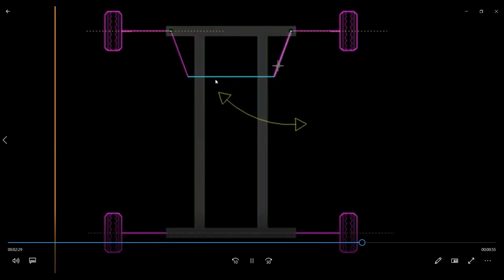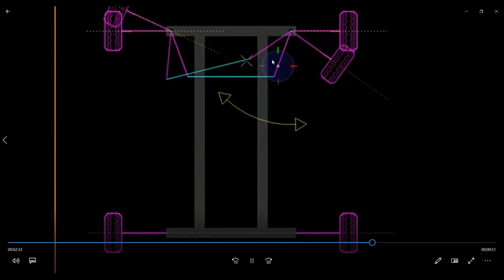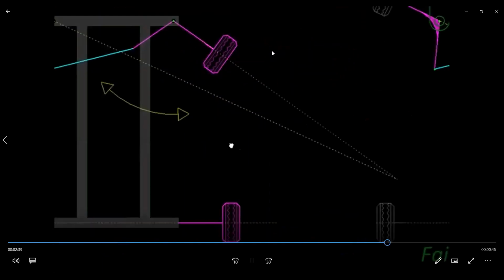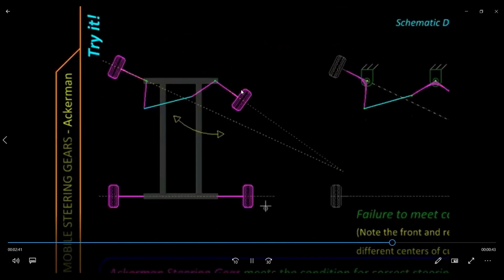So I'm going to drag this link over here. You drag this link like this. Angles like before. And if you find their point of intersection, this time you notice that it is not intersecting on the rear axle. These 2 wheels are not turning about one point. These 2 wheels are turning about an axis which is not coincident with that point.